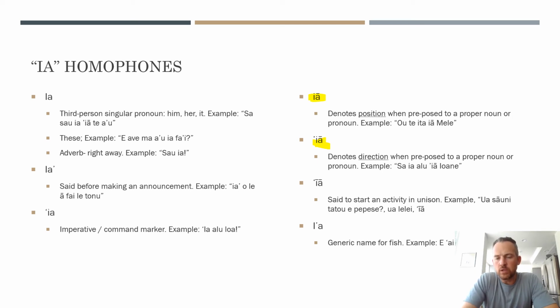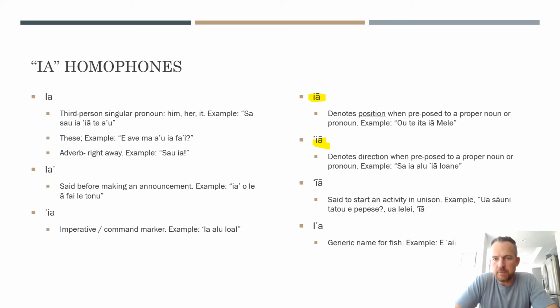And you use ya instead of e when your prepositional phrase includes a proper noun, as opposed to a common noun or an object. And the same thing with ia. You use that again when your prepositional phrase includes a proper noun.